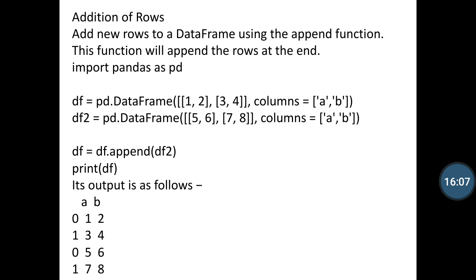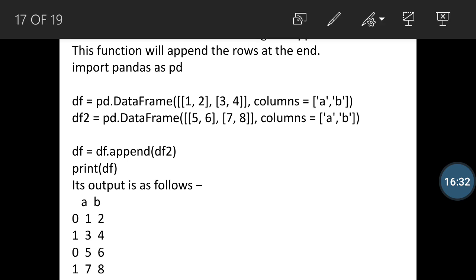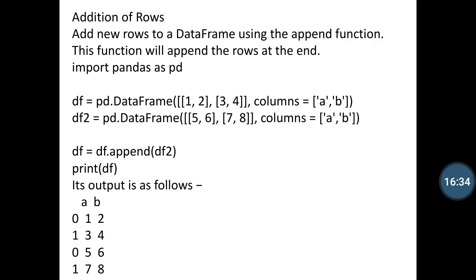First of all, you import pandas as pd and define two data frames, the first data frame df and the second df2. You define df equal to pd.DataFrame and put the values in a list as 1, 2 and 3, 4, and the column names A and B.